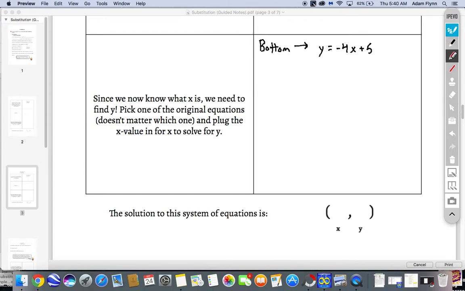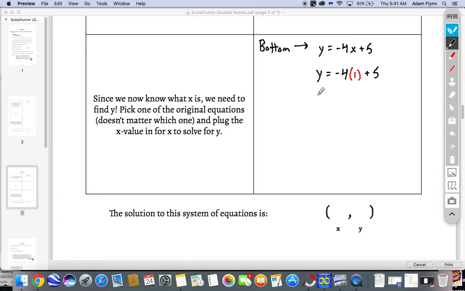But instead of this x here, x is no longer an unknown. I know what it is. So I am going to rewrite this equation as y equals negative 4, but instead of x, I'll be plugging in positive 1 that I just found, and then plus 5.